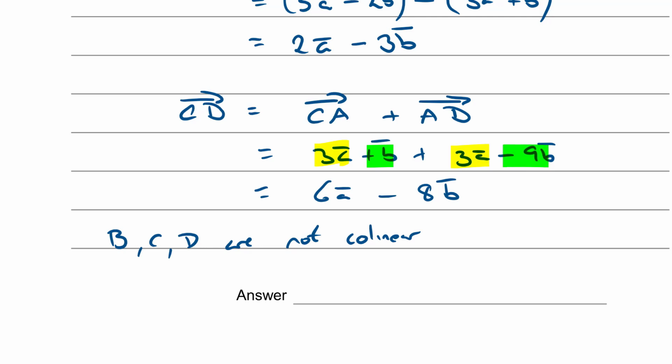That's the posh way of saying they don't lie in a straight line. I'm going to say that B to C is not equal to a multiple of C to D. Okay? Or you could write that down in words if you want, but yeah, it's not a multiple. Cannot be expressed as a multiple of C to D.